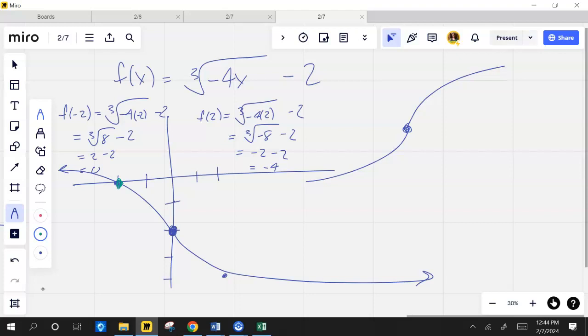How about the Y-intercept? Negative 2. Both of them were negative 2. Extrema. None. Increasing. Never. Decreasing. Always. Negative infinity to infinity. End behavior.